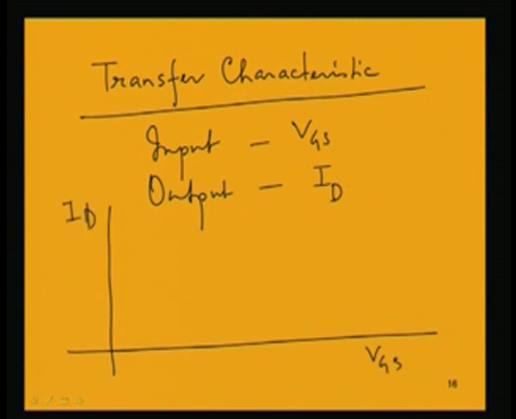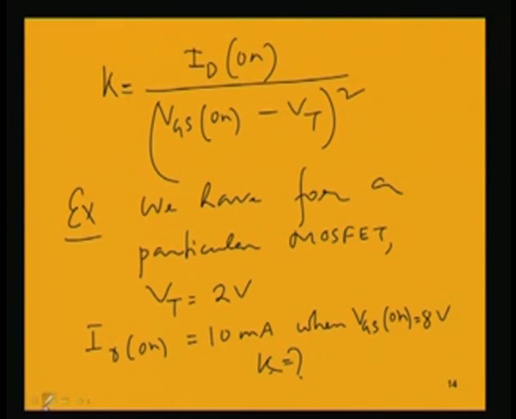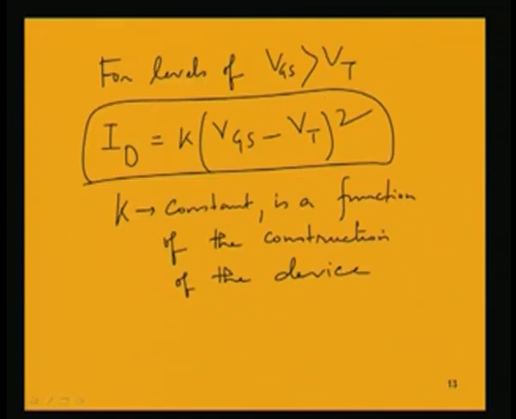So, how to draw this characteristic between the VGS and ID, that is one important thing. As this ID characteristic is nonlinear, as we have seen in this relationship, we will have to fit in a nonlinear curve. It is not enough to find only 2 points and connect, but we will have to know a number of points and connect them to get this transfer characteristic. So, that we will be discussing later.